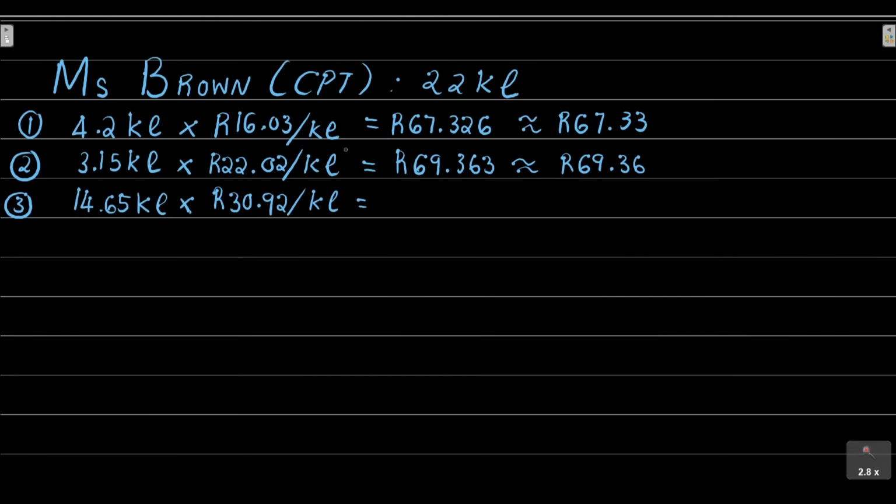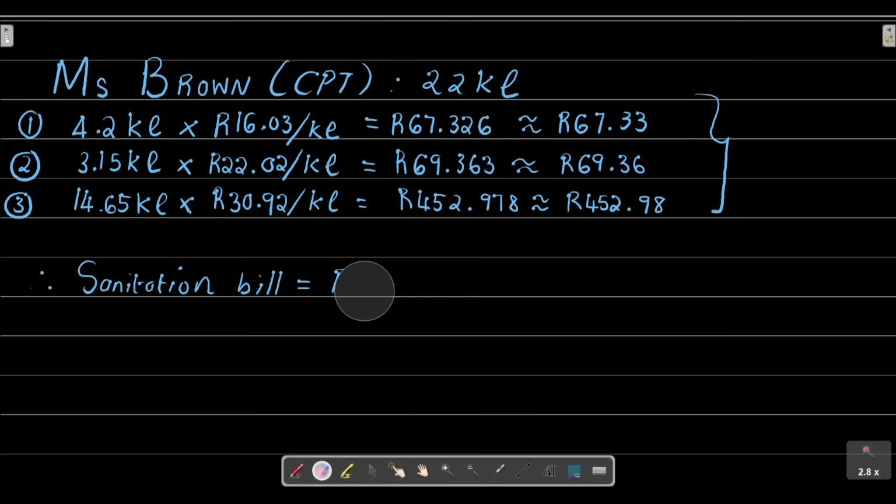And in the last block, it's 452 rand and 978 cents, which is approximately 453.98. So we've calculated the total costs for all these blocks. What's left for us to do now is add them up together to get the total bill Miss Brown is going to pay for her sanitation usage.